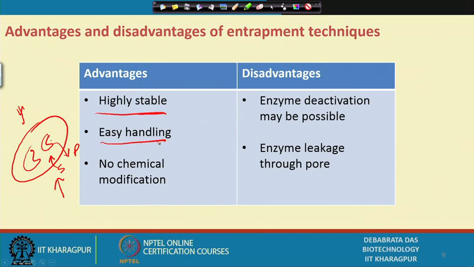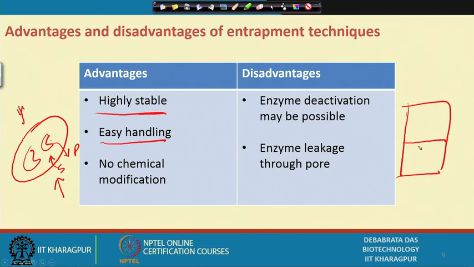Easy handling. I was in IIT Delhi, and one of my research colleagues was working on immobilized glucose isomerase enzyme, and he used a collagen membrane. We can make the collagen membrane into the form of a bag.